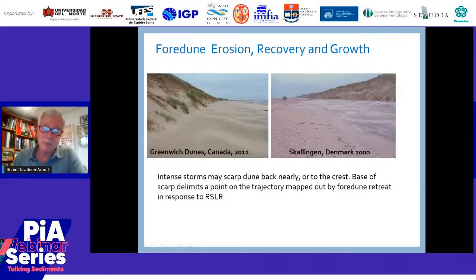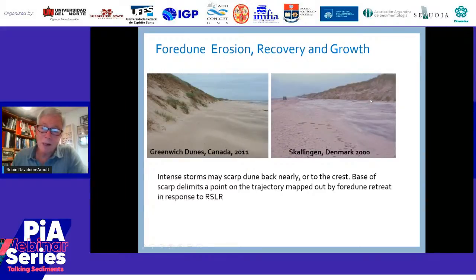And so that's an important point marking the trajectory of how this beach is going to progress. If we have a storm of this same magnitude, say 10 years from now, when there's been several centimeters of sea level rise, then the water level would be at this elevation rather than at this elevation. And so that would produce erosion and cliffing and retreat of the cliff some distance inland, maybe a meter further.